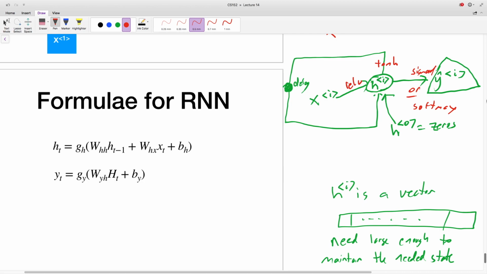It looks like in your formula they're using the same activation function for the combination of your recurrence and your input, so like your g_h. You don't actually have a separate tanh for the input. Is g_h in this example tanh or something else? g of h is tanh. Okay, so you don't apply a separate activation function at the inputs.